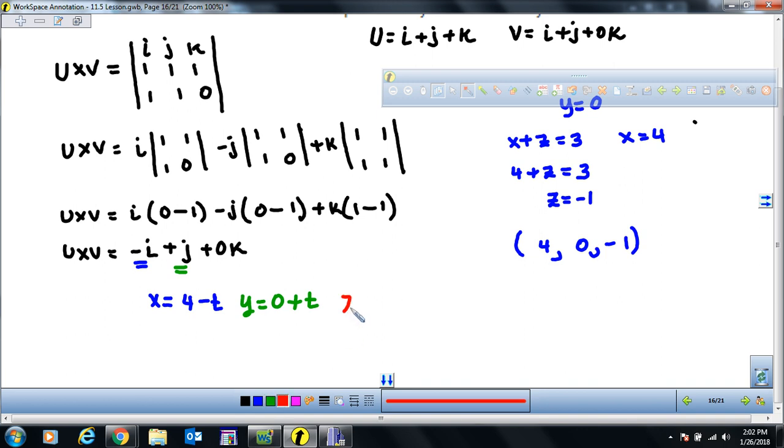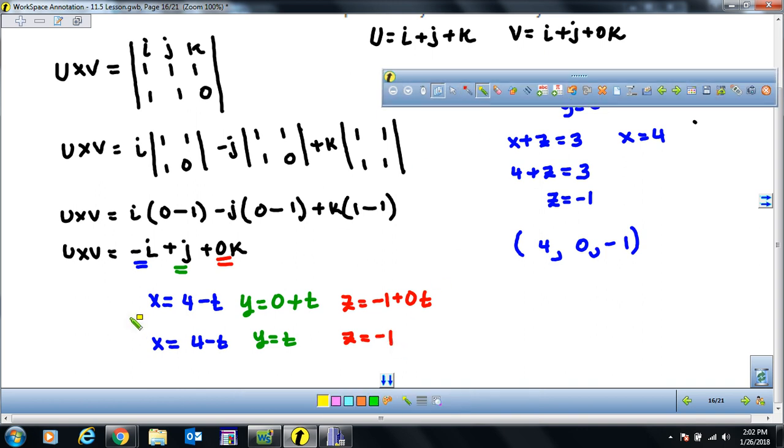And for the z value, it would be the z component, which is negative 1, plus the k component, which is plus 0t. That gives us the parametric equations: x is equal to 4 minus t, y is equal to 0 plus t, which is t, and z equals negative 1 plus 0t, which is just negative 1.